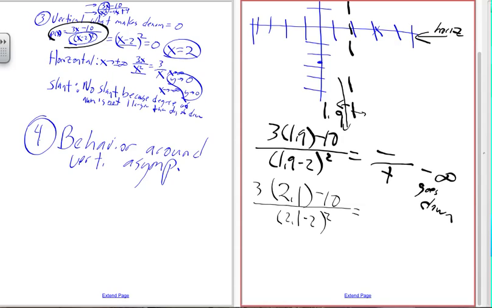Again, my denominator is always going to be positive because I'm squaring it. The top is going to be about 6 minus 10, still negative. So this also goes down, to negative infinity. So now I'm going to go to negative infinity over here also. So I've got part of it drawn already.